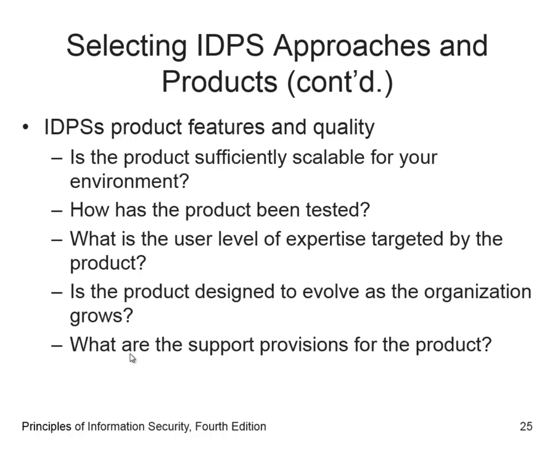We can also ask questions on product testing: has the product been tested against functional requirements, tested against attacks, and how will it react to attacks? Also, there are other questions required for the level of expertise for that product.